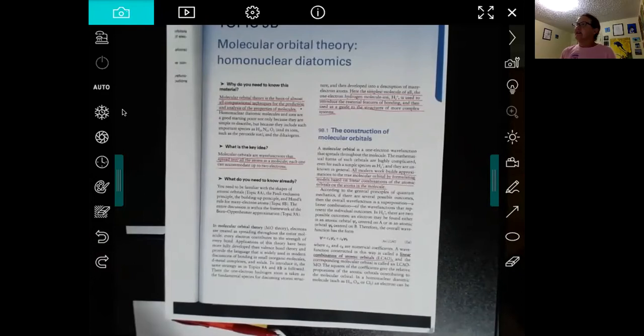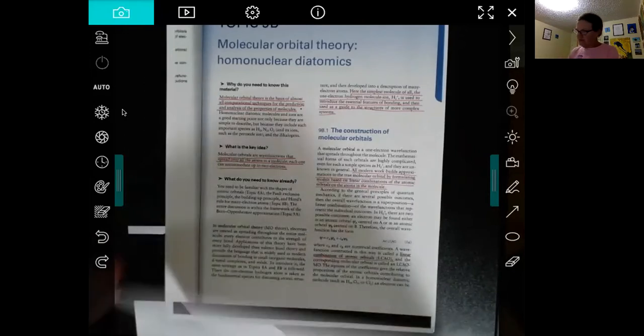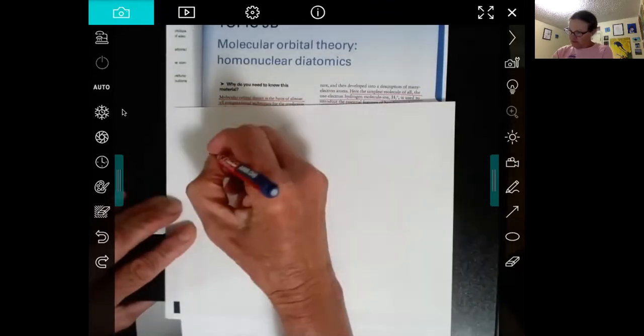It has a phase sort of as valence bond theory only in how we solve Schrödinger's equation. So we solve Schrödinger's equation by starting out and assuming that a molecular orbital can be written as a linear combination of atomic orbitals.